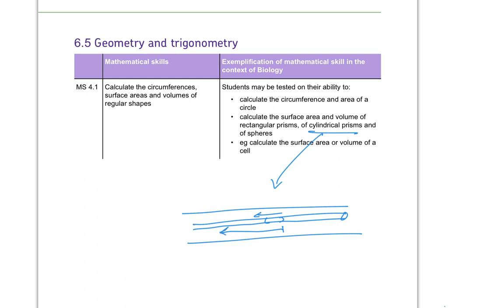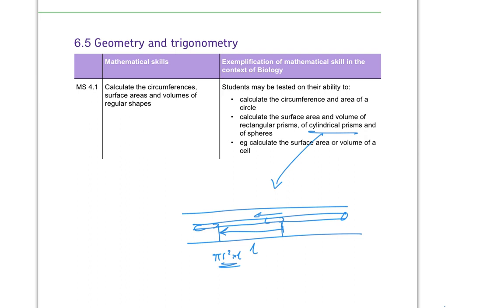So if it moves from the bubble there to the bubble here, it's moved distance L, and therefore the cross-sectional area, pi r squared, multiplied by L gives me the volume of liquid that's moved along that capillary tube.